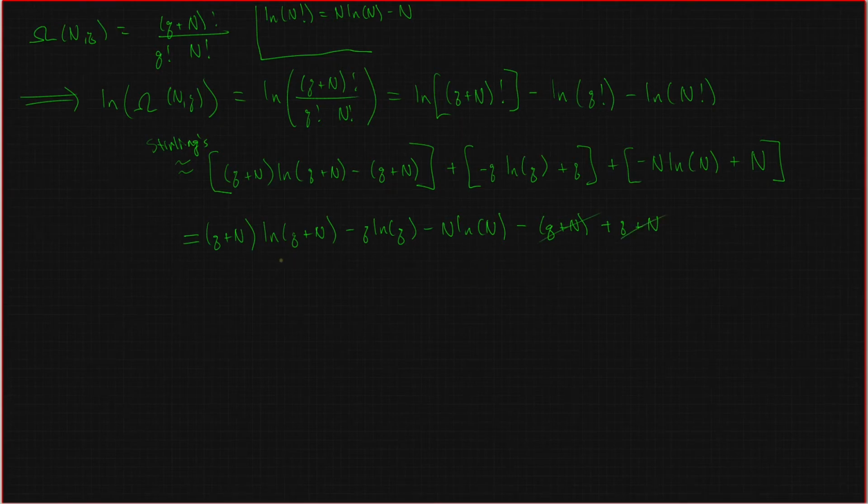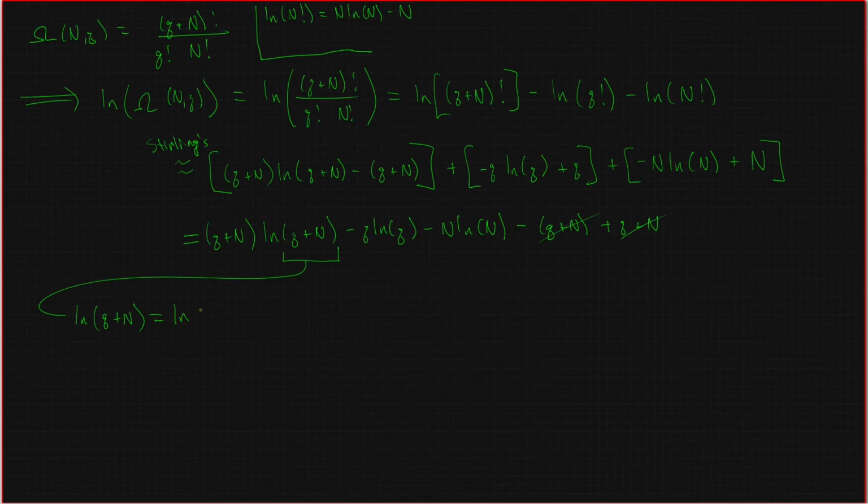Cool. One more thing that we need to do is we're going to take this term and expand it, again, assuming that q is much, much greater than n. So we're going to use the approximation that we proved before, which is that ln of 1 plus x is roughly x. So how can we get that out of here? Well, this will be a nifty little trick that you should keep in your pocket for a rainy day.